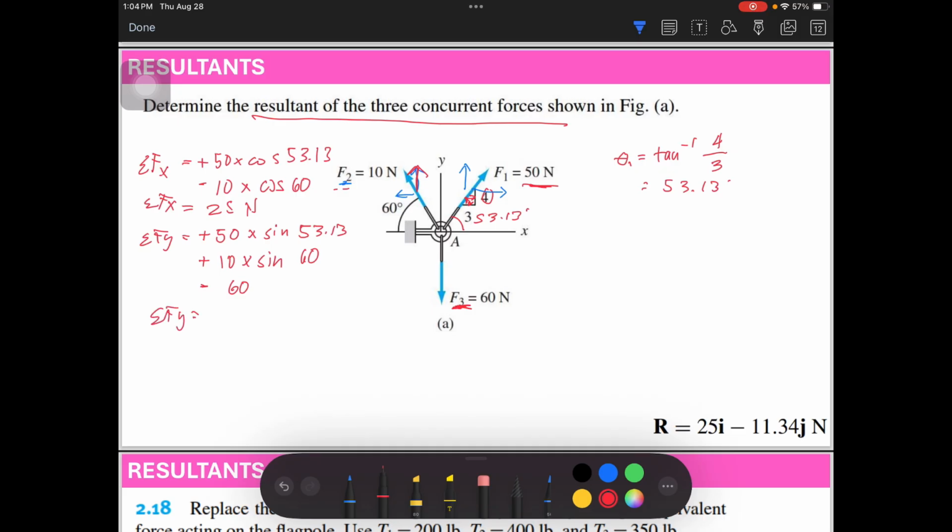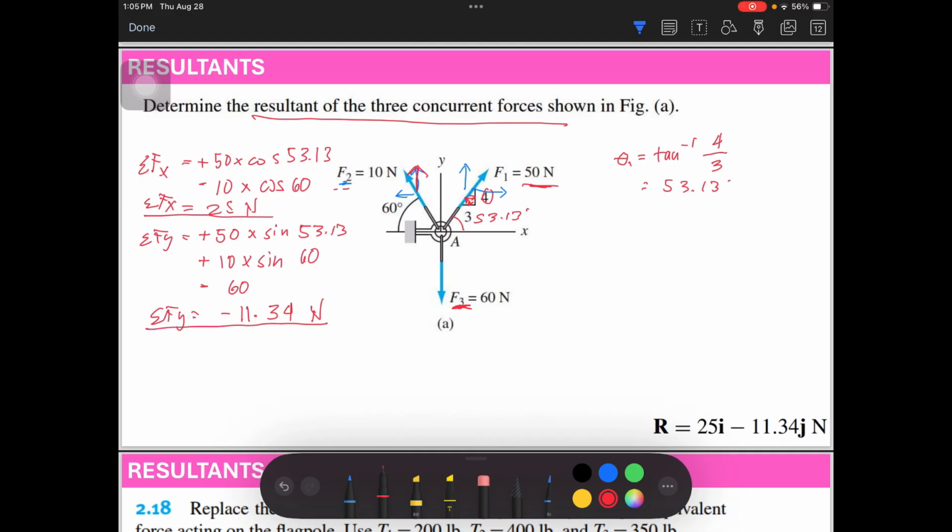So, that is positive 50 times sine 53.13, and then plus 10 times sine 60, and then minus 60. So, it is negative 11.34 Newton. So, ito yung summation sa X, summation sa Y.